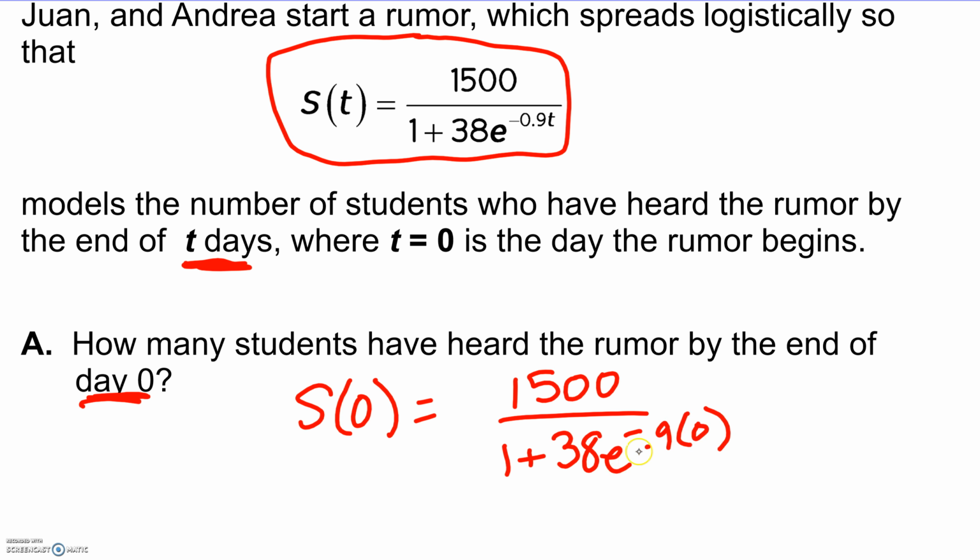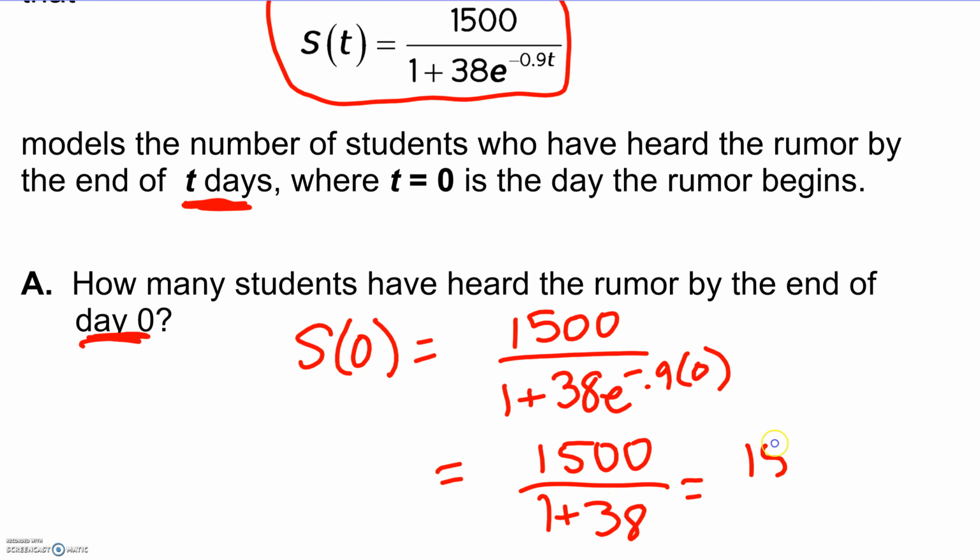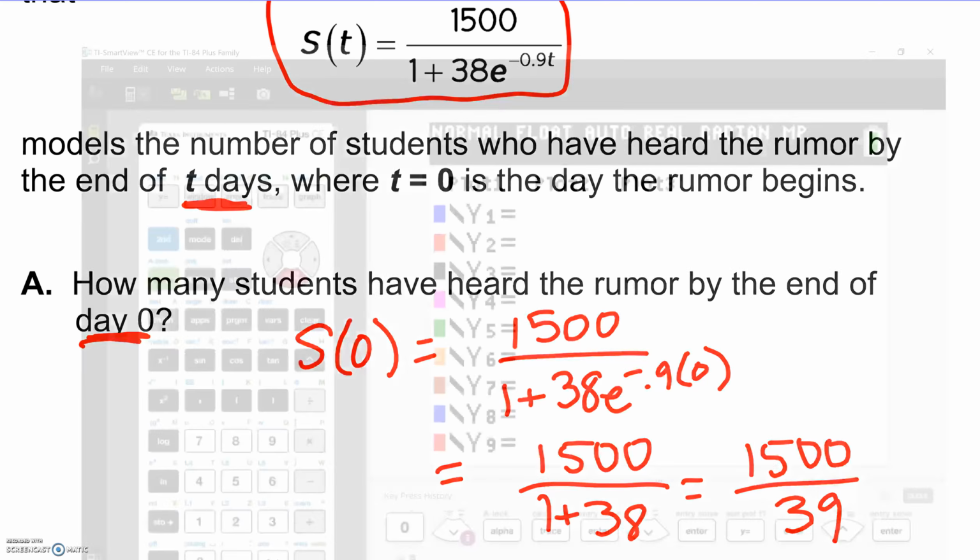Now, of course, negative 0.9 times 0 is 0, and e to the 0 is 1. So really, we just have 1,500 over 1 plus 38, which is 1,500 over 39, which is, I believe, approximately 38. Let me check that real quick.